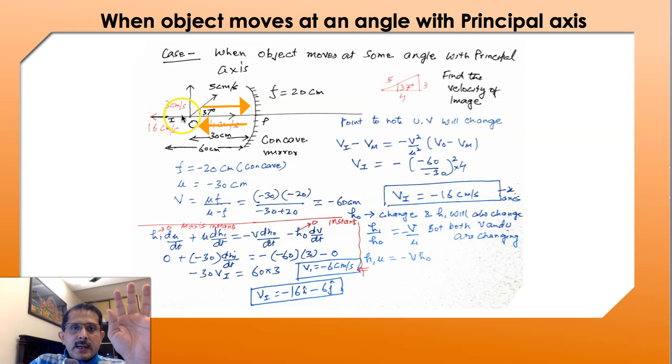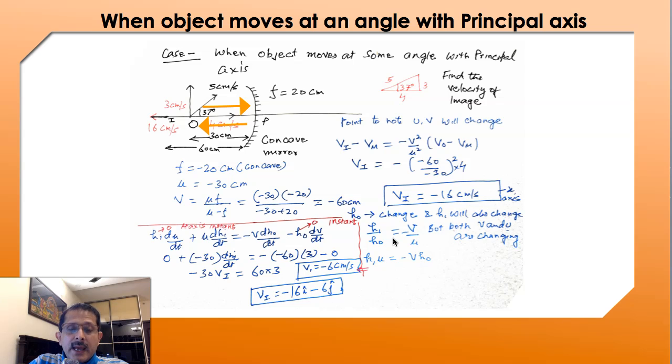See, in the vertical, we have one option wherein we could have used, let me quickly remind you of the earlier slide's summarized points, that v_i is equal to minus v by u times v_o. We can use that, but in this case we cannot use that.